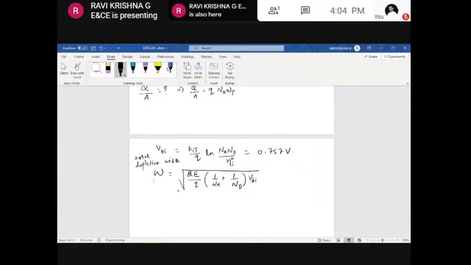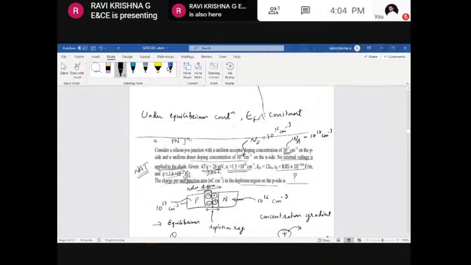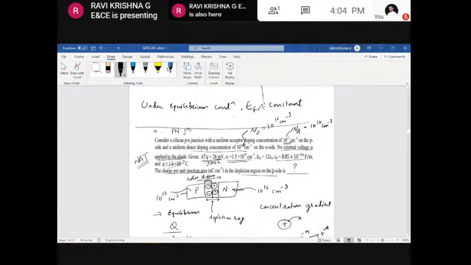Here the epsilon is also given for us. Since we are considering the silicon material, it is already given that the epsilon of that particular material is 12 times epsilon naught.